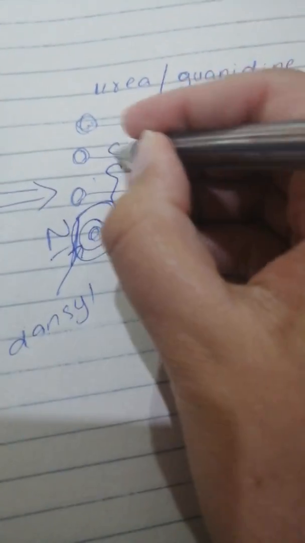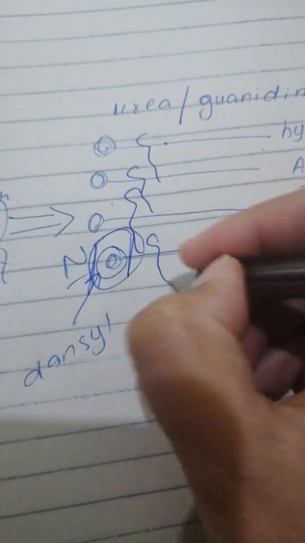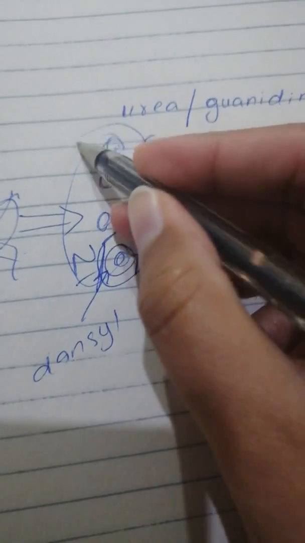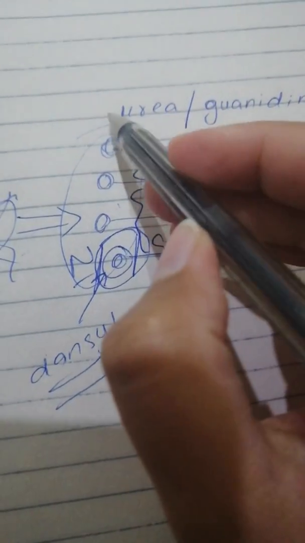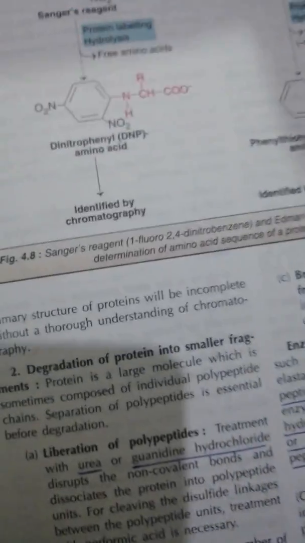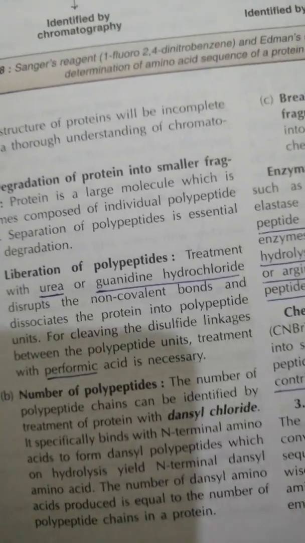And when we degrade the first amino acid, and there are plenty of ways of doing this, and when we carry out chromatography to figure out how many dansyl amino acids there are, the number of dansyl amino acids will be equivalent to the number of initial polypeptides. I'll read this again, this is a bit confusing.